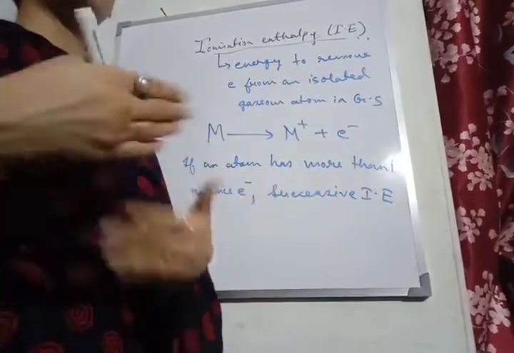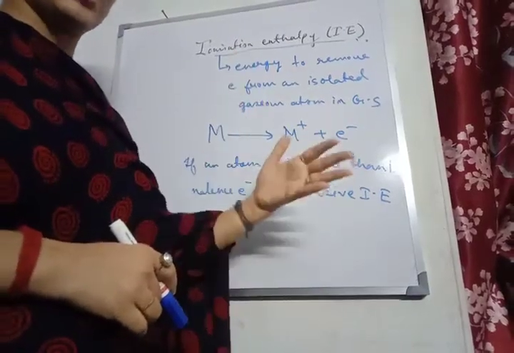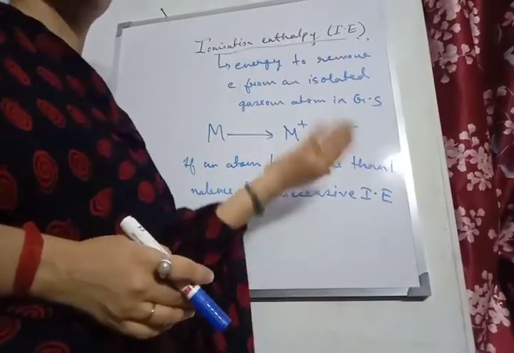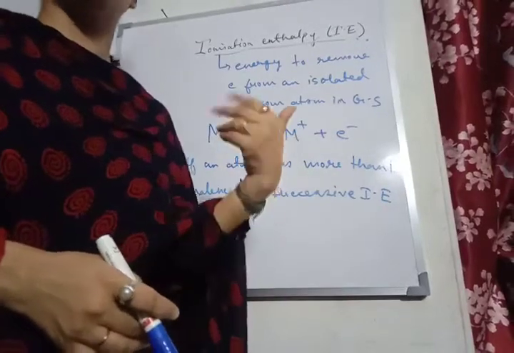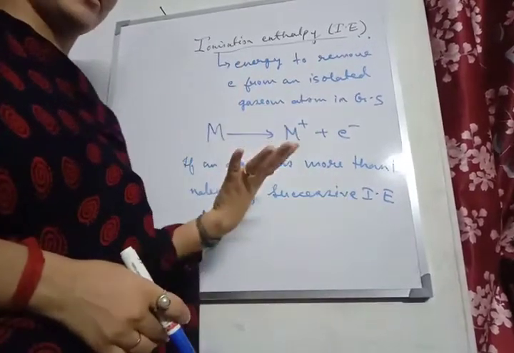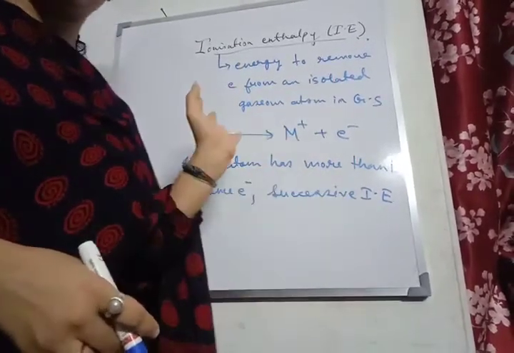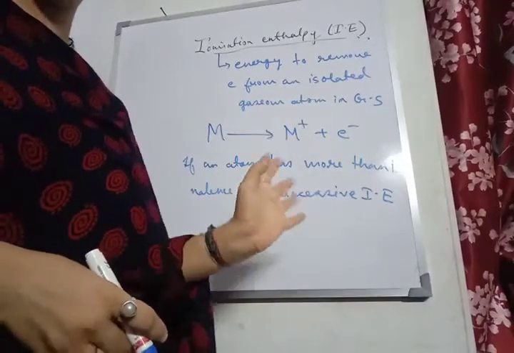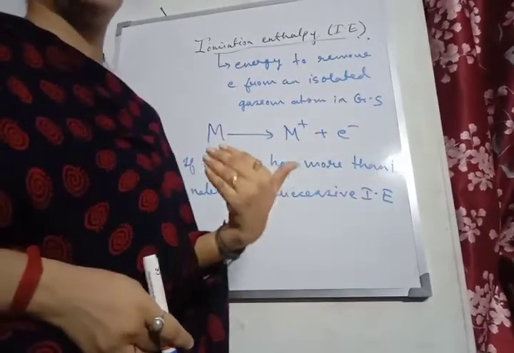Successive means one after the other. After removing one electron, we have to remove the second electron. After removing the second, we have to remove the third. So if an atom contains more than one valence electron, we are going to get more than one ionization energy value.